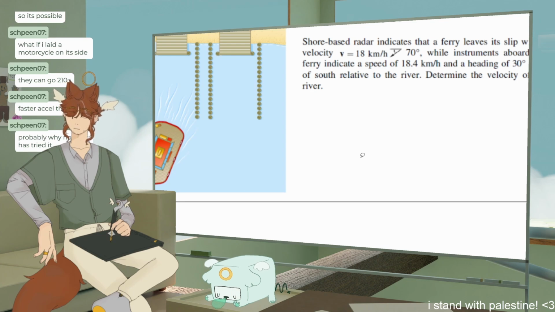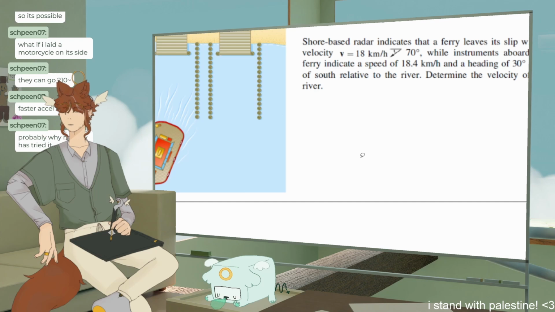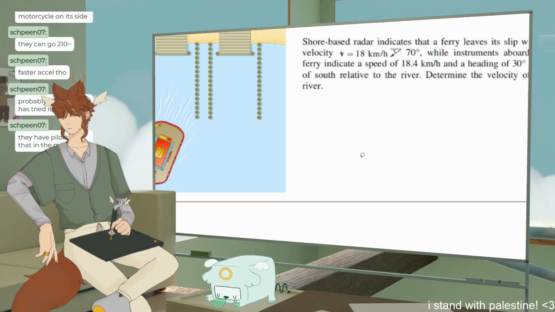So if you put it on a torque, you need less force because you can just make your lever arm really far. So if you had a force of 10 and you put them 10 out, then that's 10 times the amount of force. They have pilots do that in the military. Oh yeah, they have lots of people do that. They have astronauts do that too.